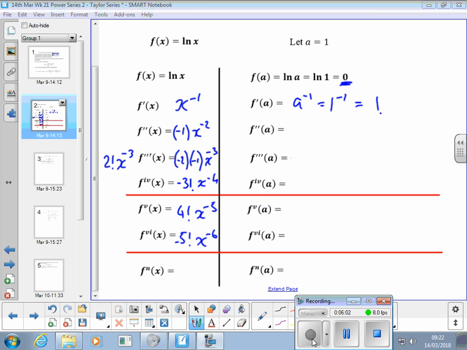We're looking for minus 1 factorial, if you follow it through all the way, times 1 to the power of minus 2, and that equals minus 1. Two factorial.